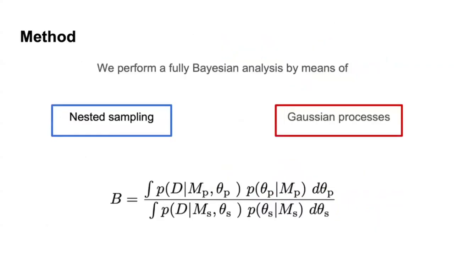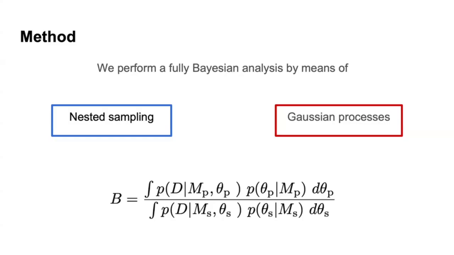So what we do is perform a fully Bayesian analysis by means of nested sampling in order to compute the evidences of the two models, where the evidence is defined as the integral of the likelihood weighted by the prior distribution over all the possible parameters, where the likelihood is the one given by the Gaussian processes, which are basically statistical tools that generalize the distribution up to functions and not only on random variables. And these are basically one of the best tools that we have to describe stochastic signals in time series.